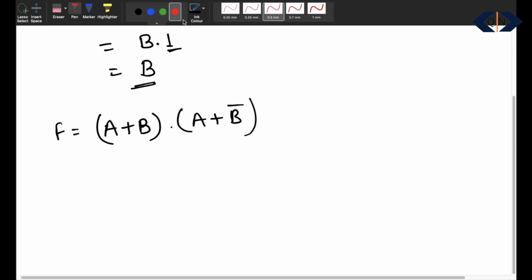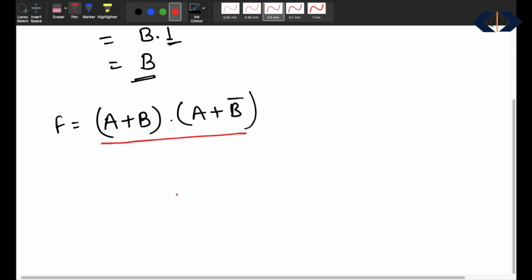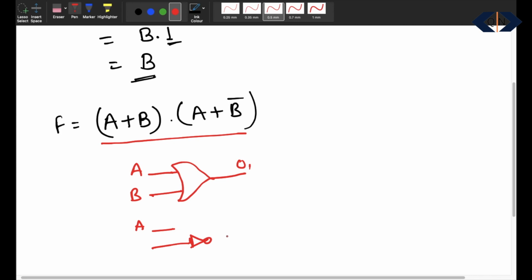But before simplifying, let's check how this circuit looks in its original form. So this is OR. If this is A and this is B, we have an OR, and this is output 1. And this is also OR: A and B bar, with B connected to a NOT gate, then combined with an OR gate.